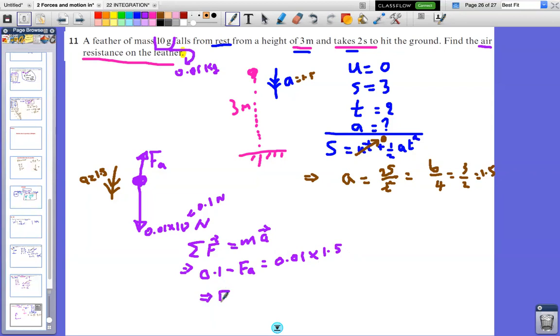So that gives you Fa to be 0.1 minus 0.01 times 1.5. Can someone calculate that for me?